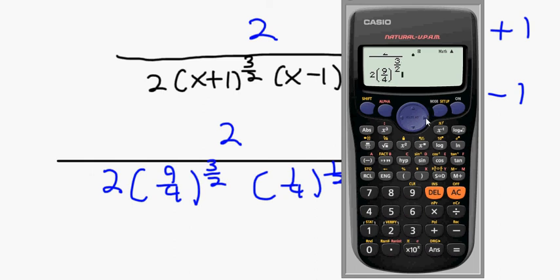Then we're going to drag it back down again, do a quarter, and then a quarter to the power of a half. And then put equals, are you going to get 16 over 27?